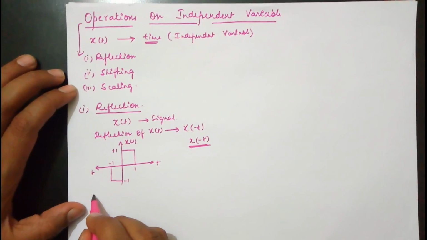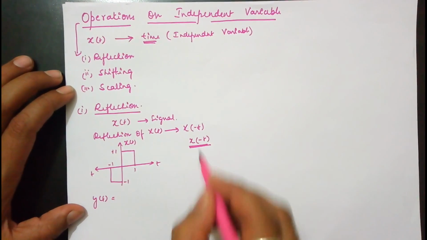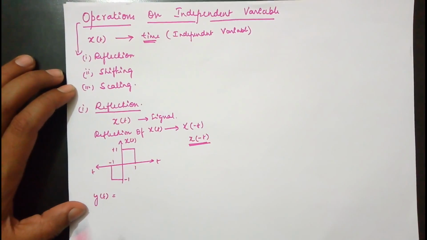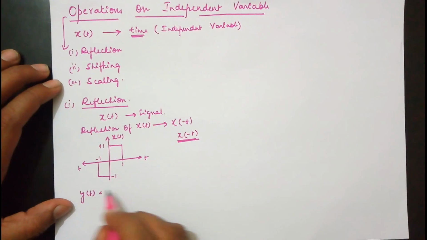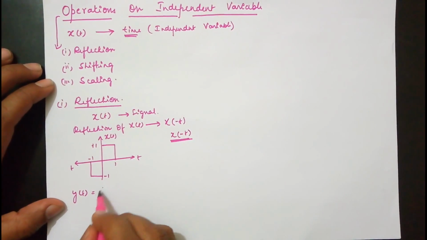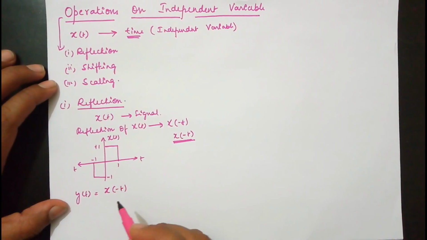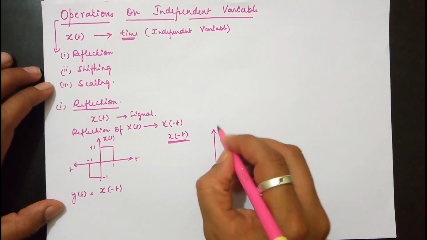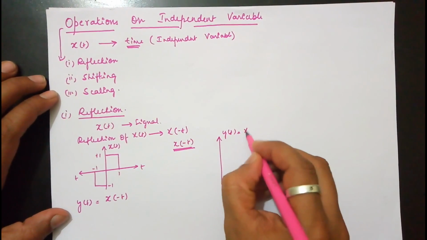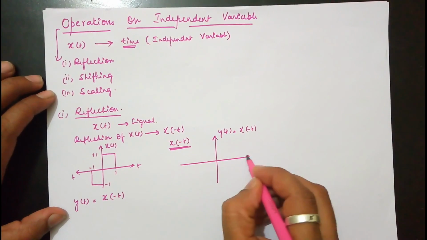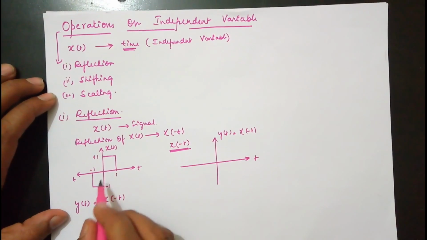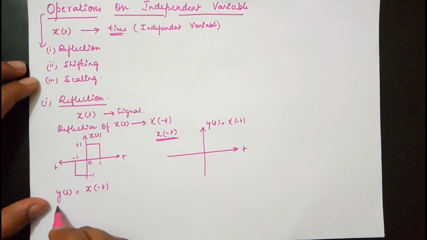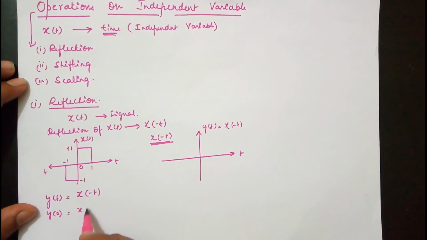Now I'll take y of t, I'll assign this x of minus t to some other signal y of t, that is y of t is equal to x of minus t. Now the reflected signal y of t is x of minus t. Now I'll go on putting the values for t. Now y of 0 is x of 0.